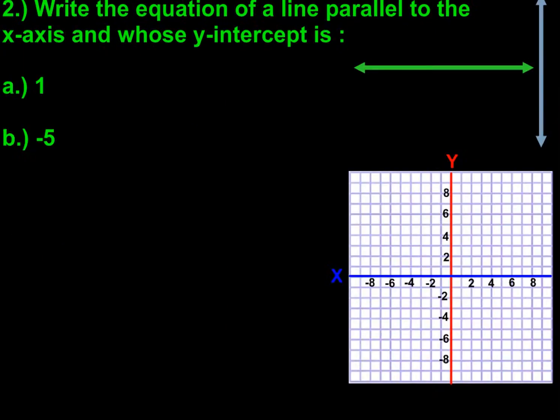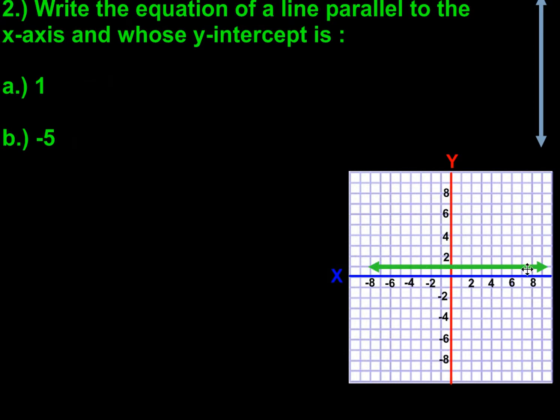All right, let's take a look at question number 2. Write the equation of a line parallel to the x-axis whose y-intercept is, in this case, 1. Well, just like we were talking about before, if the y-intercept is 1, that means that the only point at which this line is going to cross through y is at 1.